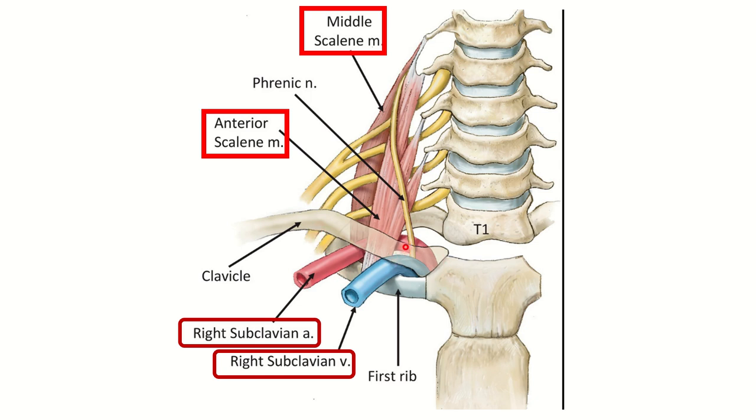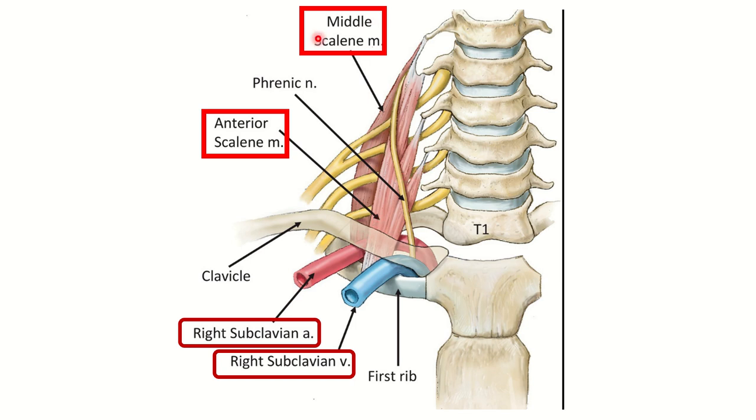Another important point is the anterior scalene muscle: the subclavian vein lies anterior to the scalenus anterior muscle, but the subclavian artery lies posterior to the anterior scalene muscle. So this point is very important.